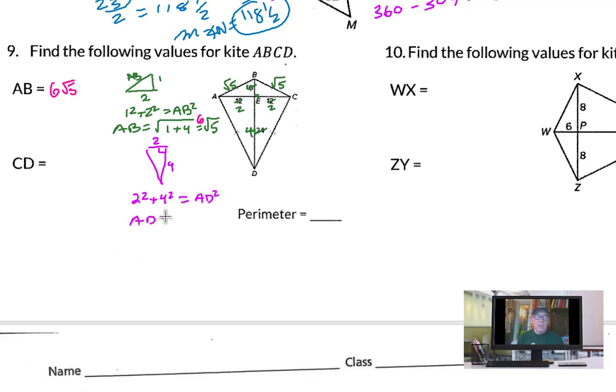AD is going to be the square root of 2 squared, which is 4, plus 4 squared, which is 16. So we get the square root of 20. Now square root of 20 can be simplified. Since 20 is 4 times 5, we can call this 2 square root of 5. So we have 2 square root of 5, or square root of 20.